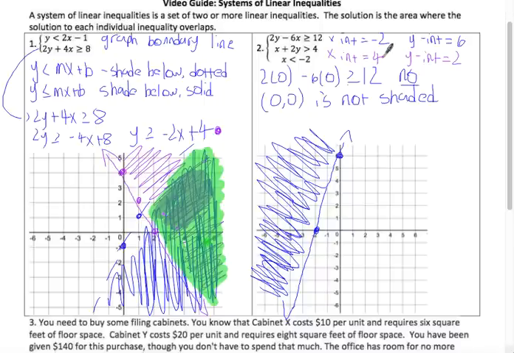So I come over and I graph the 2 points. So x-intercept is 4, y-intercept is 2, and this one is a dotted line because that's greater than but not equal to.